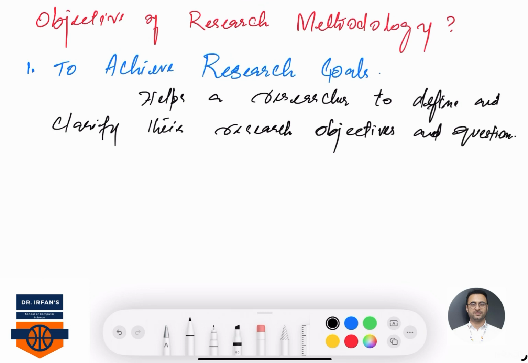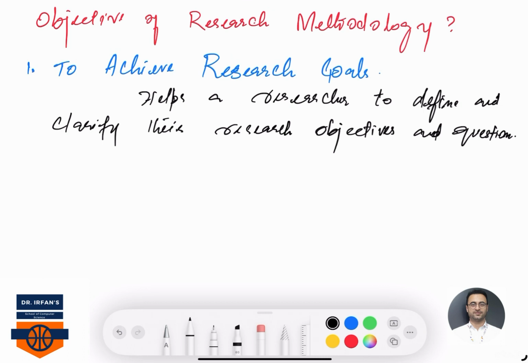So first important thing for a researcher is to understand what a research methodology can do for him, how a research methodology subject can help a researcher in achieving the systematic procedures, in knowing the techniques and approach, how a researcher can conduct research or gather the information or do analysis on that information and draw the meaningful conclusions.